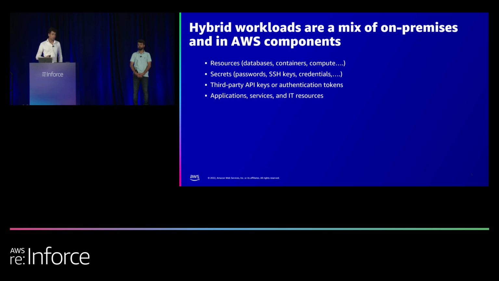They want to avoid hard coding, and rightfully so, and they also need the ability to distribute and manage the encryption of these secrets. It's a process that can be cumbersome as workloads grow, especially when you have multiple platforms in scope. As your hybrid workloads scale, you're going to need to support more communication between machine identities, all of which must authenticate to one another in a very secure and encrypted manner.